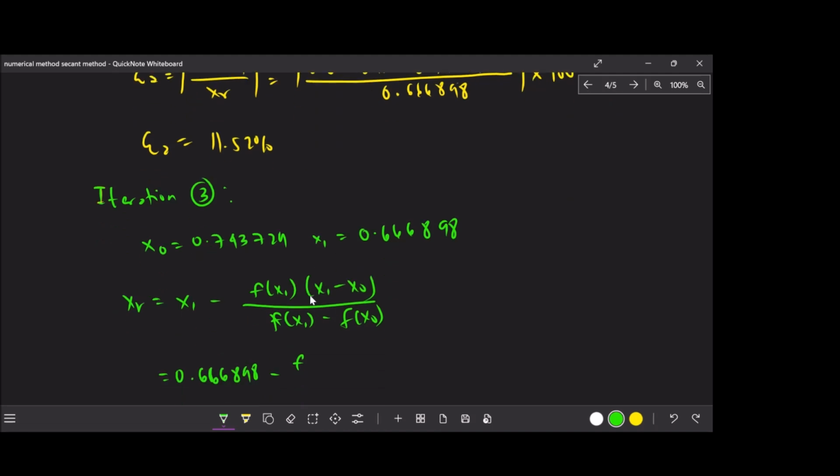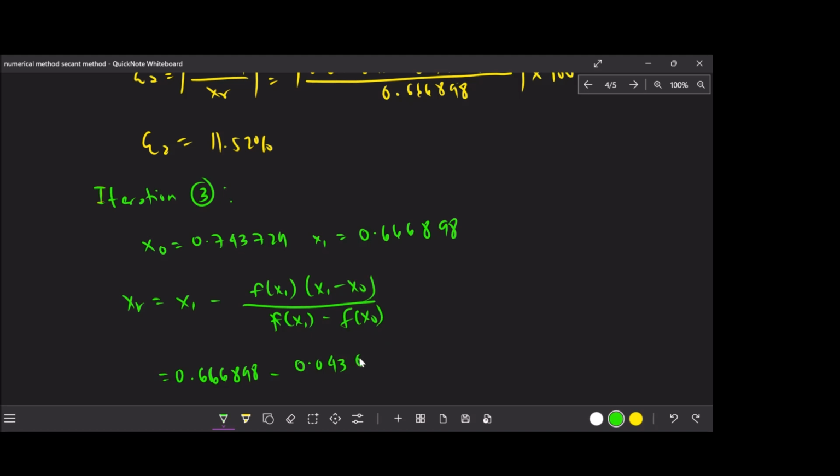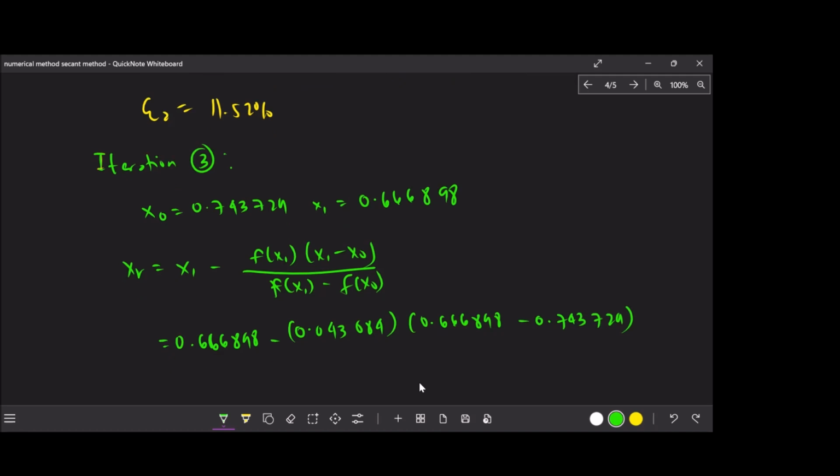So that is 0.043084. So 0.043084 multiplied by (0.6666898 minus 0.743729) all over 0.043084.